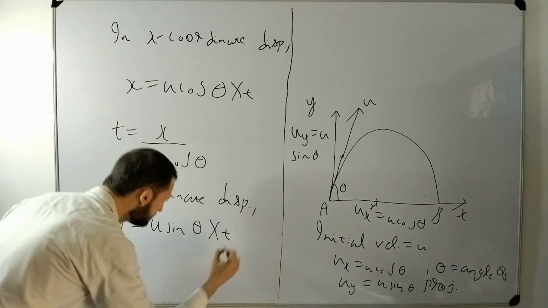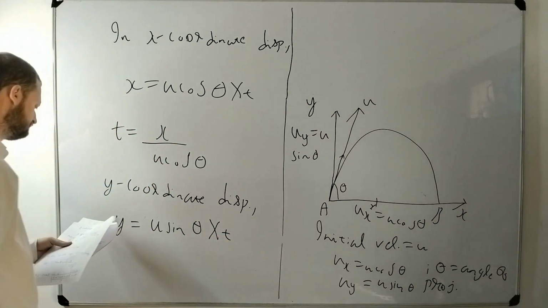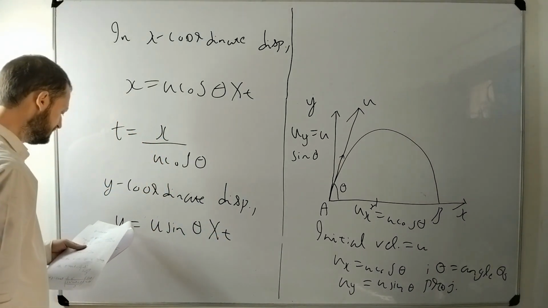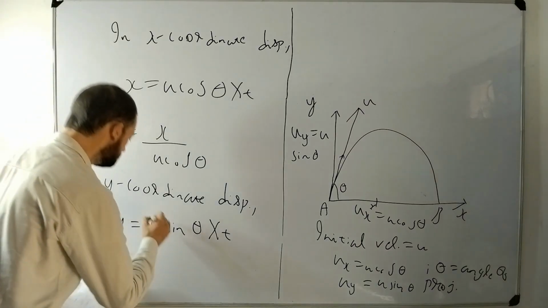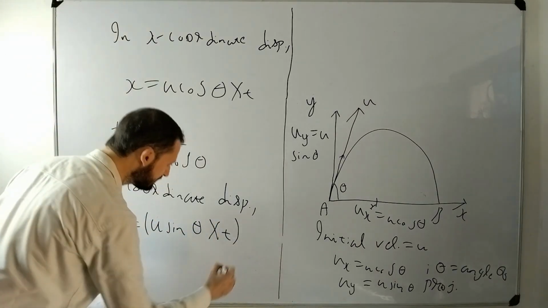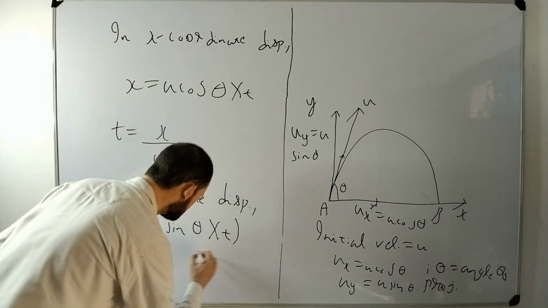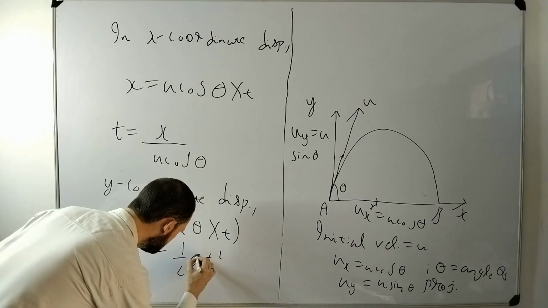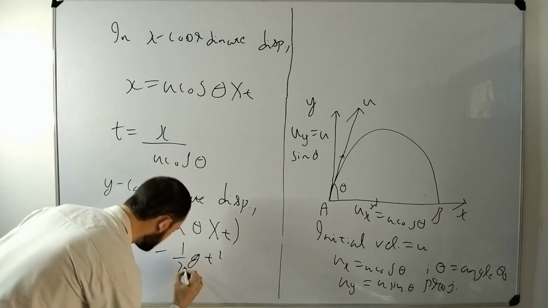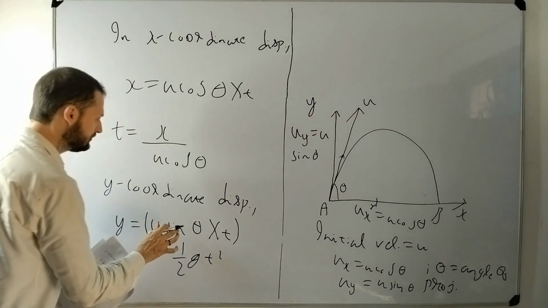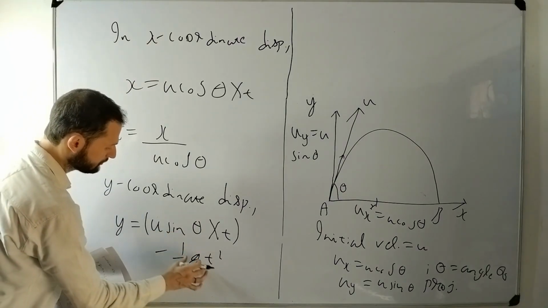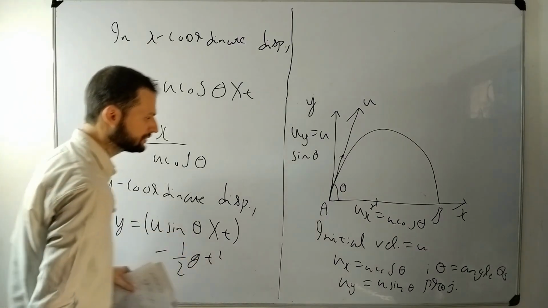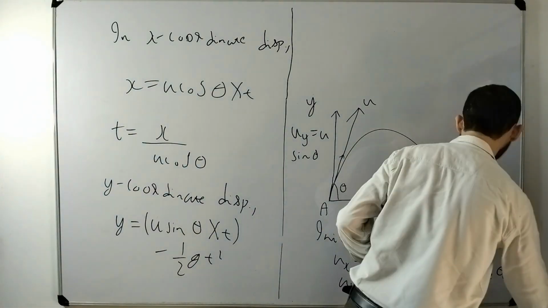But sir, there is the acceleration part in this. Yes student, minus half g t square. Right? Because this is the velocity component and this is the acceleration component. Very nice students.